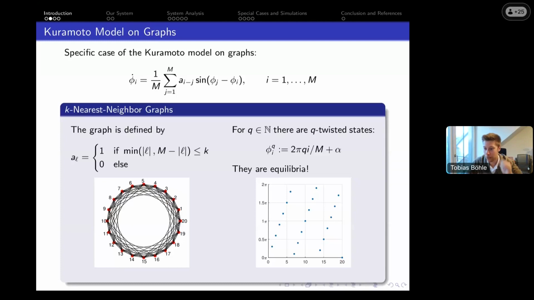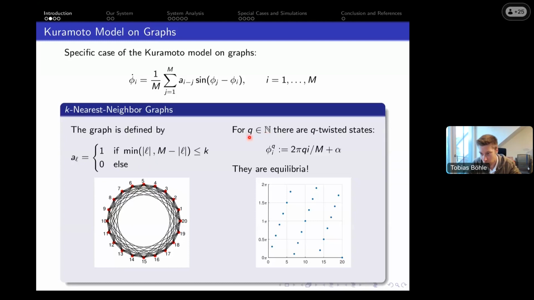Okay, and then if you consider this specific Kuramoto model with this specific choice of the coefficients, then it turns out that there are very interesting equilibria. In fact, they are called Q-twisted states.